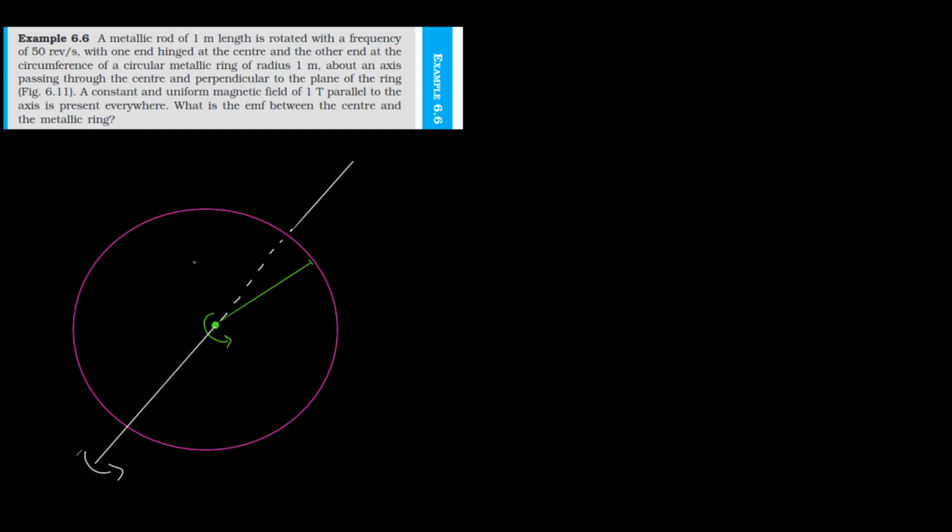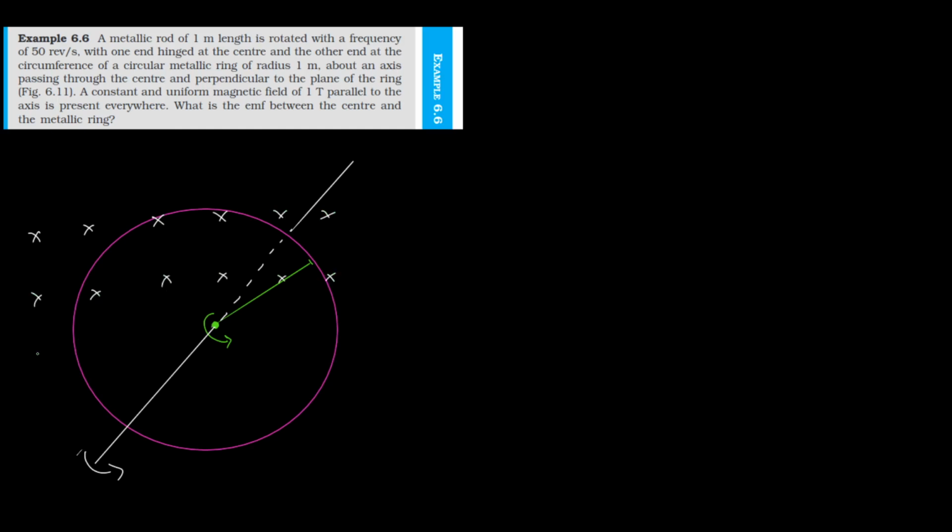And there is a magnetic field along the axis itself. So the magnetic field is perpendicular to this plane. The magnetic field lines, you can go with a bunch of dots or crosses, doesn't really matter. I'll go with cross. So this is the direction of the uniform magnetic field in this region. I hope you get the idea. You can read that part once again if you like.